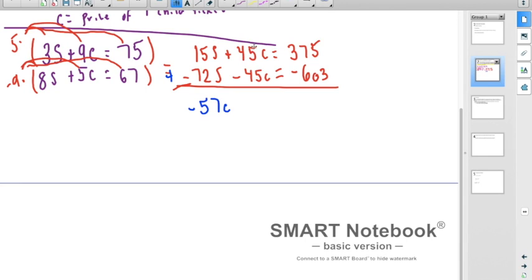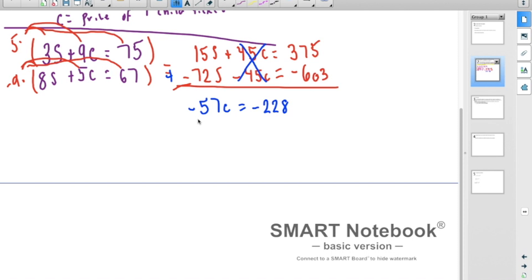Positive 45c plus a -45c. Those cancel out. That's exactly what we want. And then 375 plus a -603 will give me a value of -228. And hopefully, when I solve for C, this works out nice.